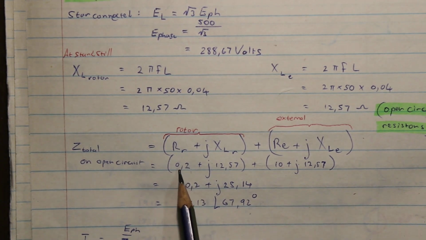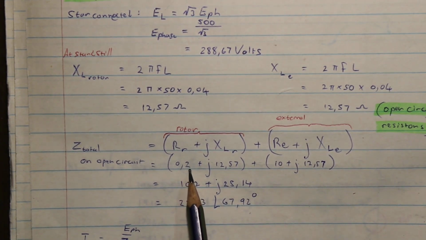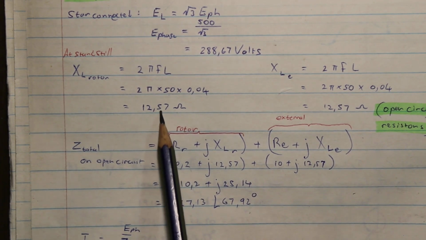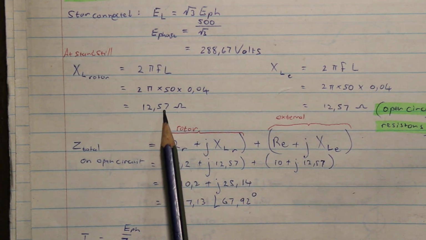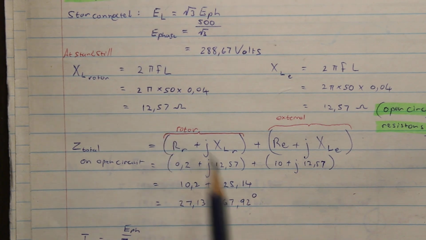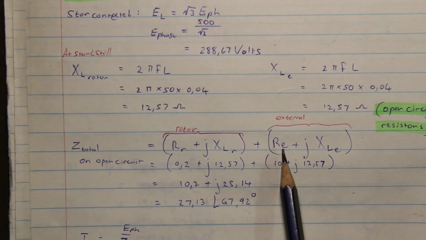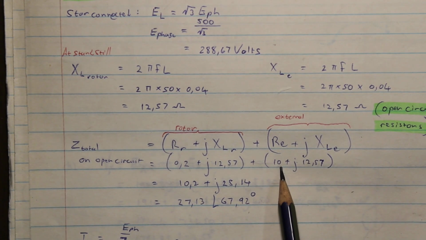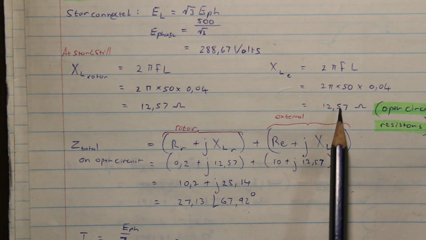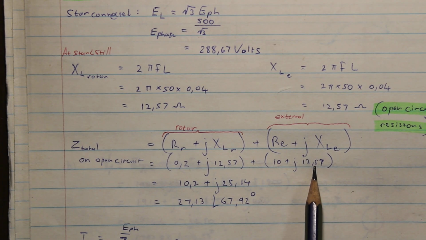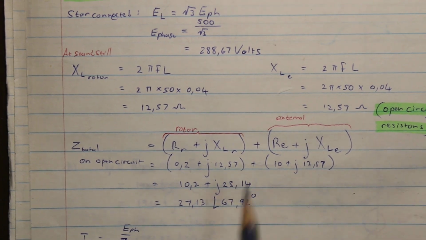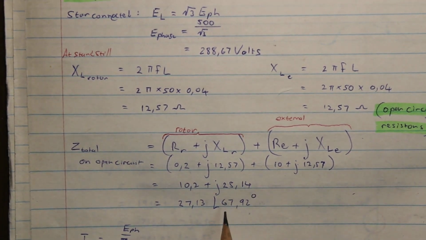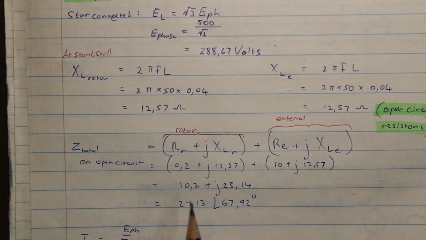They gave us the resistance of the rotor winding, and we just calculated the inductive reactance of the rotor winding. And then over here they gave us the resistance of the external resistor was 10 ohms, and we calculated the inductive reactance of the external resistor. So then we add that up in rectangular form and we change it to polar form. All right, so that now is the total impedance of the rotor winding and the external resistor.